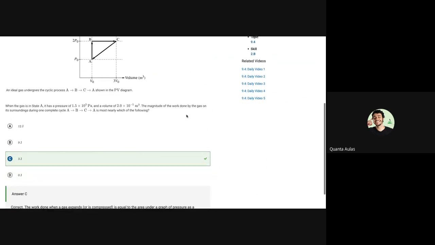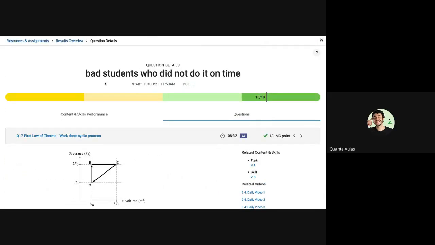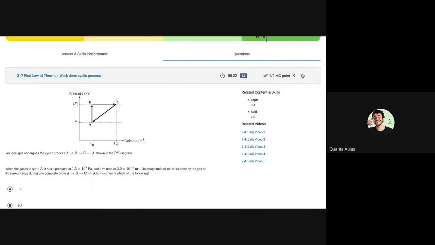First law of thermo. Okay, again, same thing, but they give you numbers. Just the area. This situation is easy. When the question asks us the work, it is easy because you need only do the area of the graph, right?